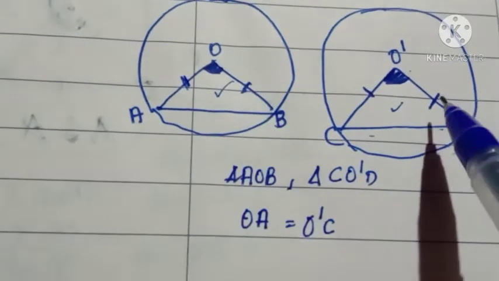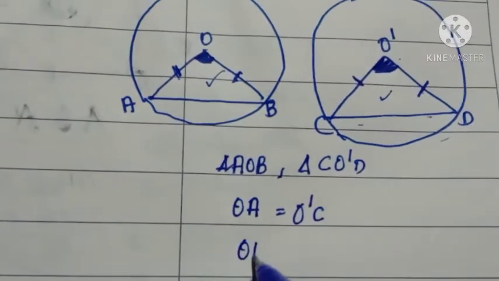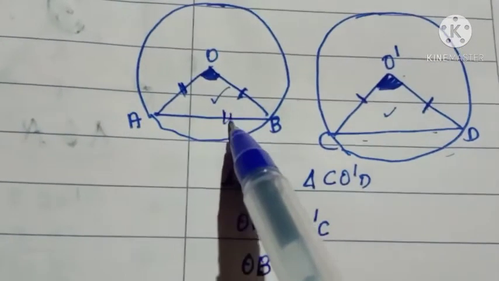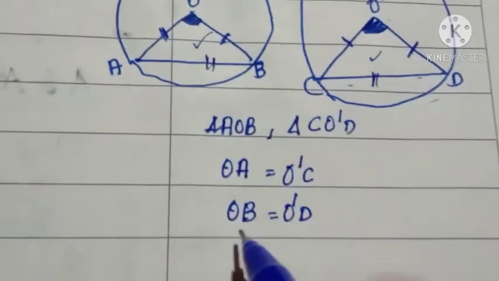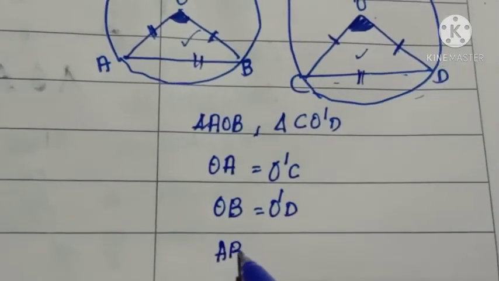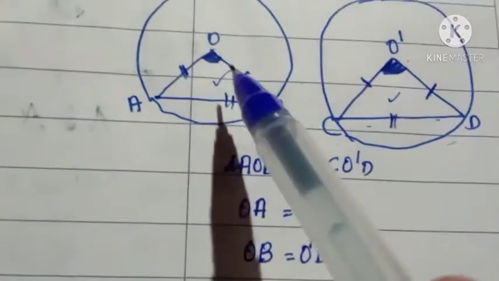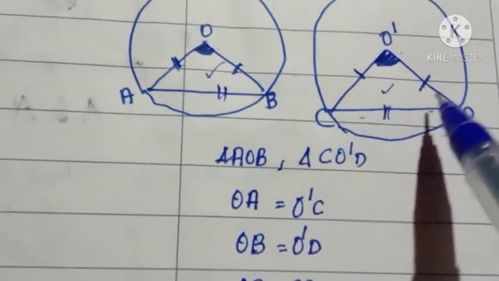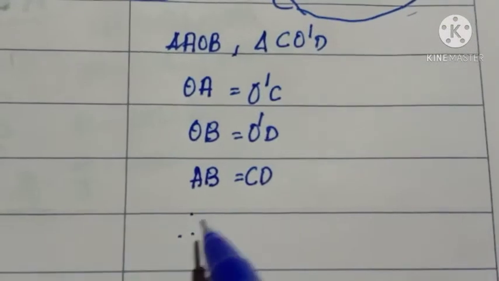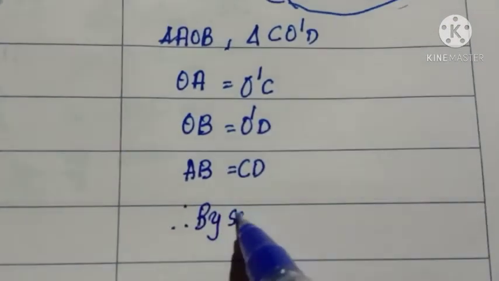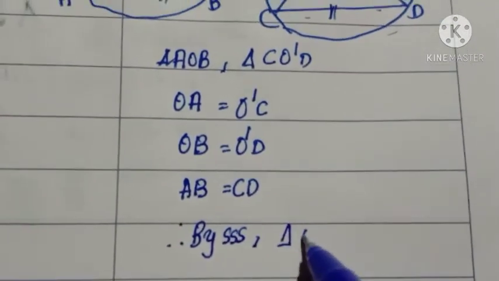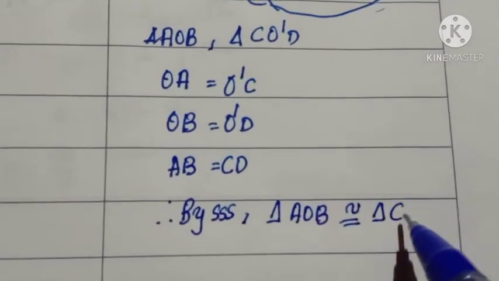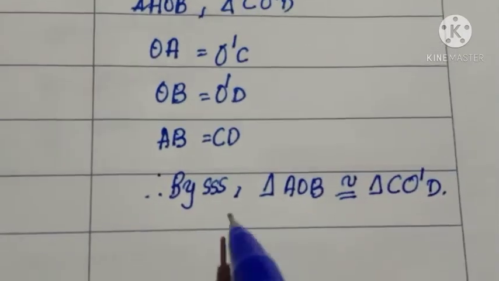Similarly, OB is equal to O dash D. And given AB chord and CD chord are equal, AB is equal to CD. So three sides of a triangle are equal to three sides of another triangle. Therefore, by SSS congruence rule, we can say that triangle AOB is congruent to triangle CO dash D.